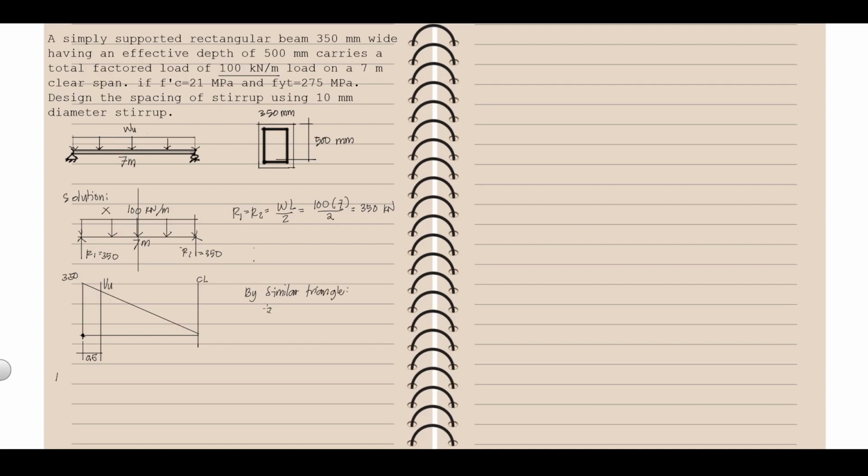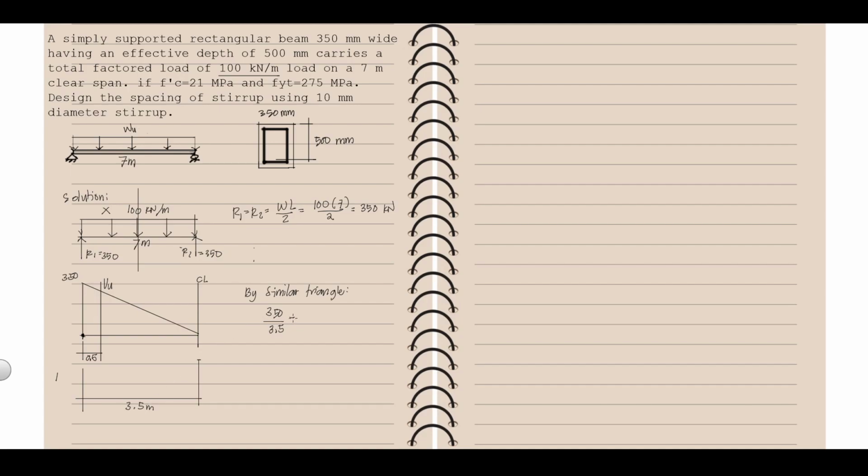We will get the VU 350 is to 3.5. Okay, kalahati nung span natin. So, this is 3.5 meters.